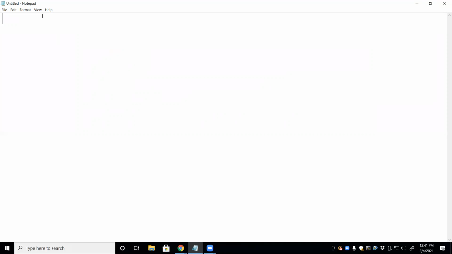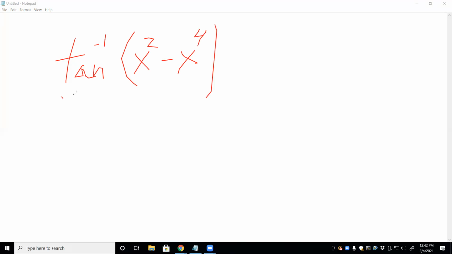So the inverse tangent of x squared minus 4, minus x to the 4th power, as x approaches infinity. When you're talking limits as x approaches infinity, the only term that matters is the largest polynomial term.